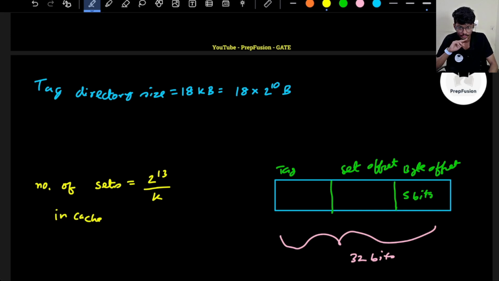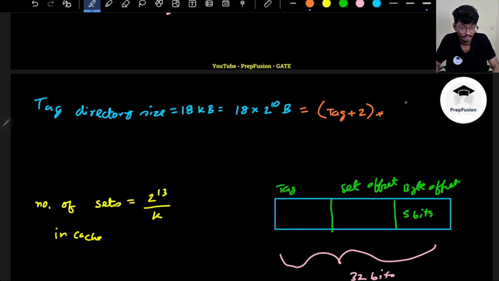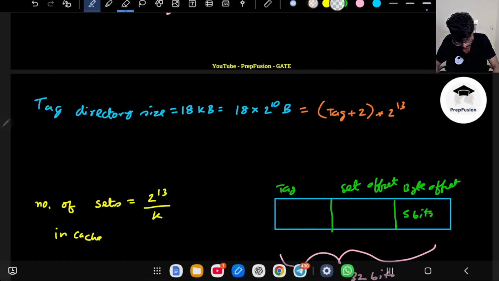So I need to maximize my tag directory, right? So what is this tag directory size equal to? This tag directory size is equal to the tag bits plus the extra bits, that is 2, into the number of blocks of the cache memory, that is 2 raised to power 13. This is in bits.